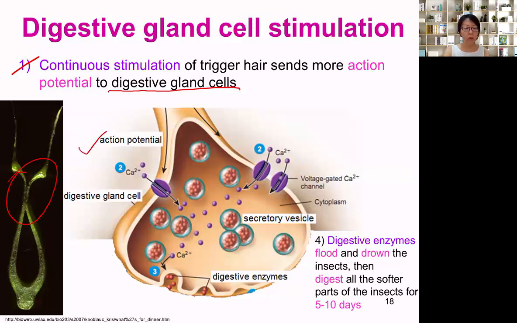So the way the enzymes are secreted, right, is very similar to our synaptic knob. Okay, so action potential arrives at the digestive gland cells, right? Calcium ion streams into the cell because the calcium ion channels open.